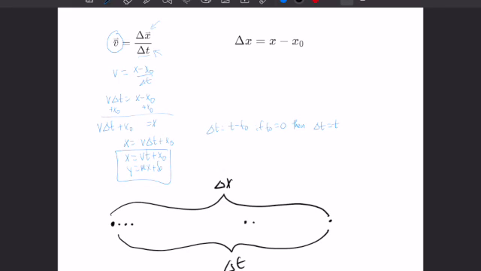Now what we would notice then is if we had this little delta x and little delta t's, they would not be equal to the overall delta x over delta t. In other words, we could calculate little delta x over delta t's for all of these.